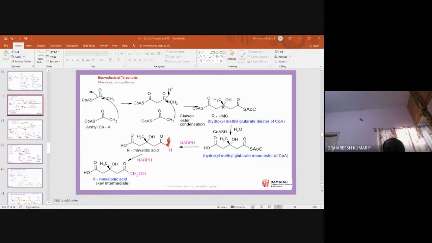NAD plus means nicotinamide adenine dinucleotide. This NAD plus picks up a hydrogen, H2, and is converted into NADH. That means it takes H minus and converts to NADH.